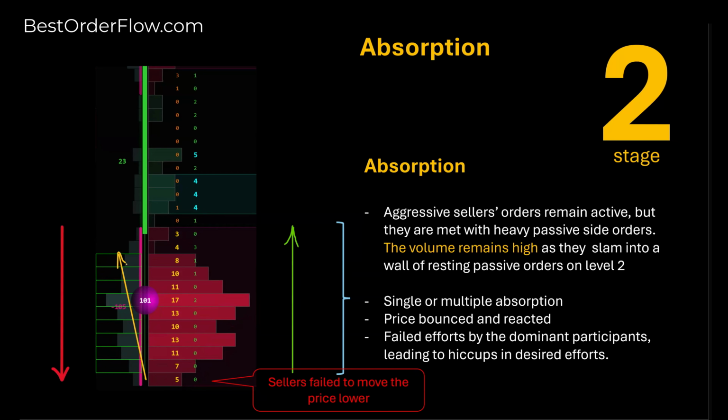This is the absorption indicator that you can tune on the footprint. This is the absorption section on the footprint. And this indicator with the green rectangle shows the price moved in the opposite direction. You see 1, 2, 3, 4, 5, 6, 7, 8, 9, 10 price levels at least. This indicator is the absorption on the footprint.